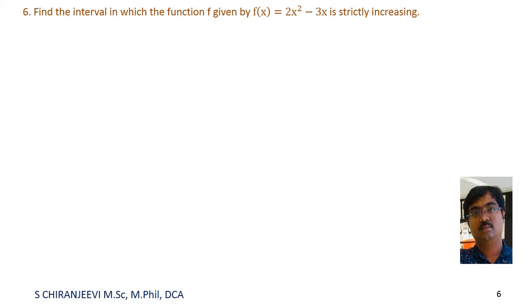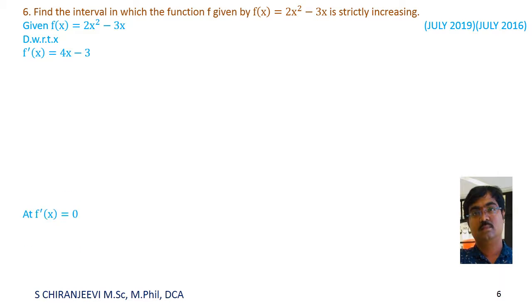Next one, sixth problem. Find the interval in which the function f given by f of x equal to 2x square minus 3x is strictly increasing. Given f of x equal to 2x square minus 3x, which was asked in the year July 2019 and July 2016, differentiating with respect to x, f dash of x equal to 2 into differentiation of x square, which is 2x, so it will become 4x, minus 3x differentiation is minus 3.